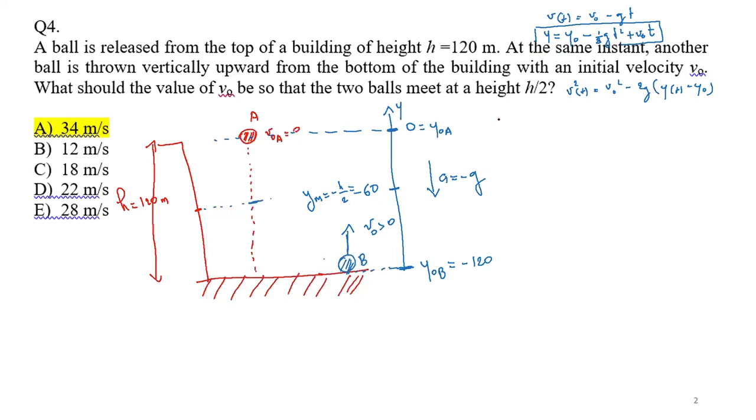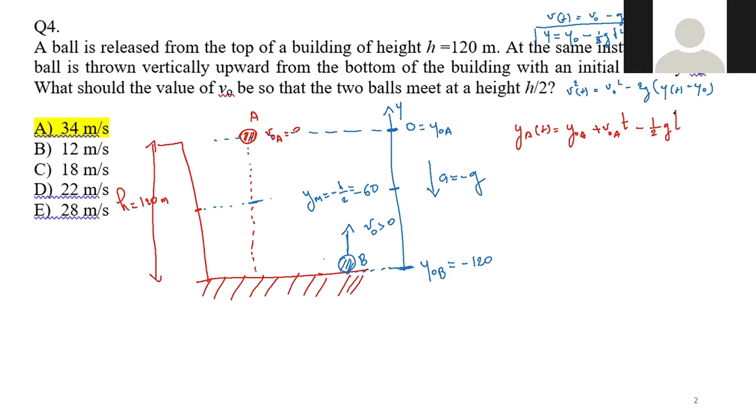So let me write the equation for ball A. I will have YA at any time equal to Y naught A plus V naught A T minus half GT square.